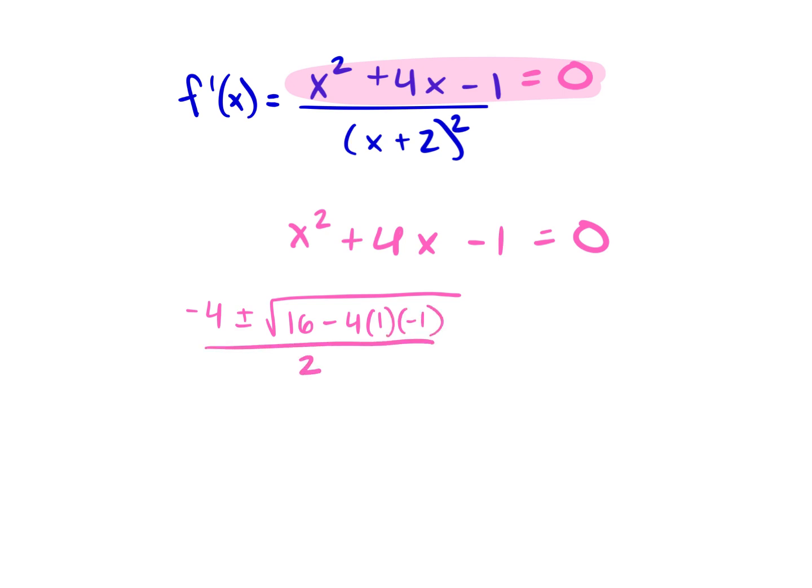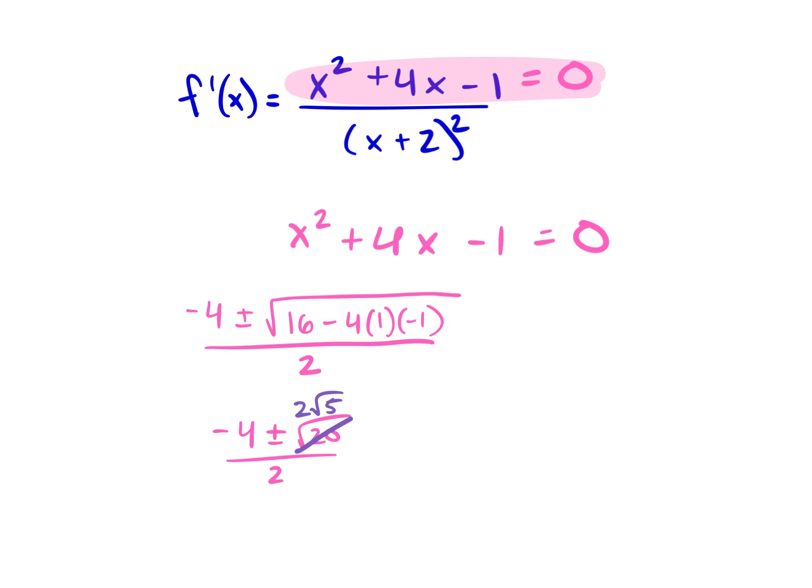So 2 times 1 would be 2. So this would be negative 4 plus or minus the square root of 20 over 2. And the square root of 20 simplifies to 2 square root 5. Oops, this should be just 2.